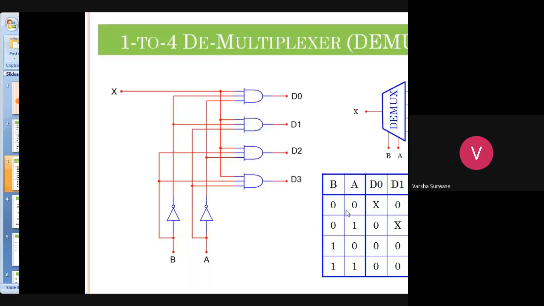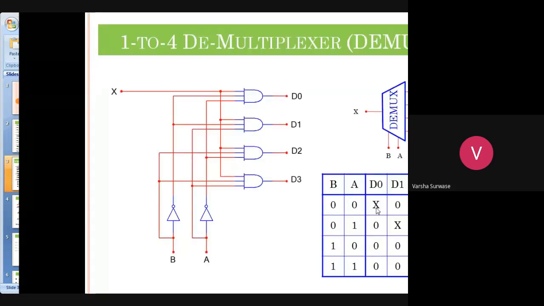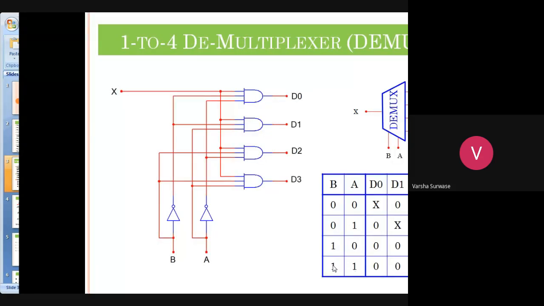When A is 0, B is 0, D0 will be selected. So D0 will be at the output. When A is 1, B is 0, then D1 will be selected. When A is 0, B is 1, D2 will be selected. When A is 1, B is 1, D3 will be selected. Like that a mux, you can design a demux also.